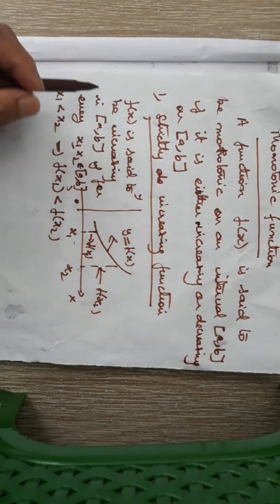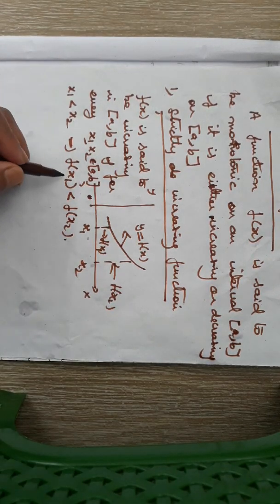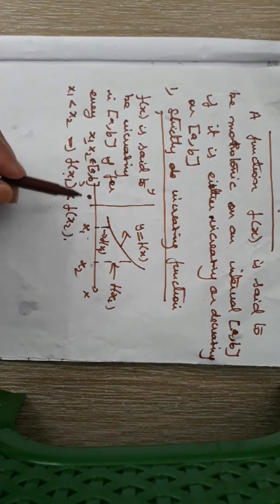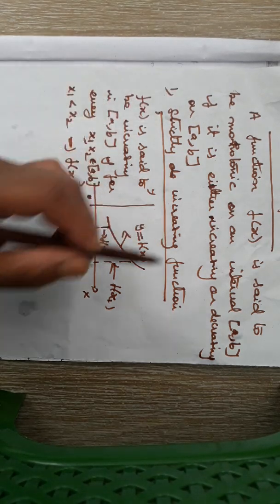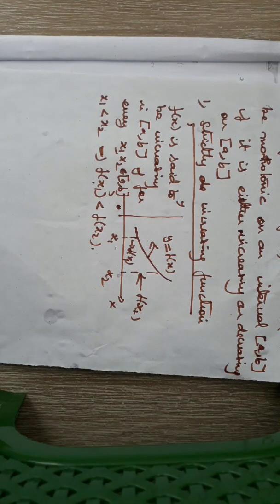Then f is said to be strictly increasing, which means that f of x keeps on increasing as x increases. Such a function is said to be a strictly increasing function.